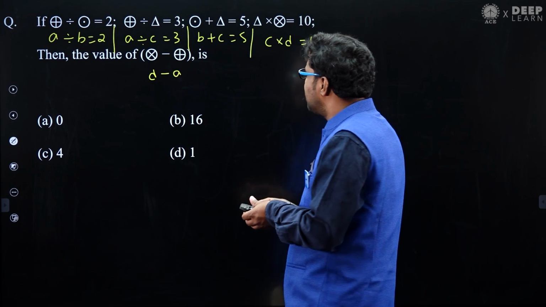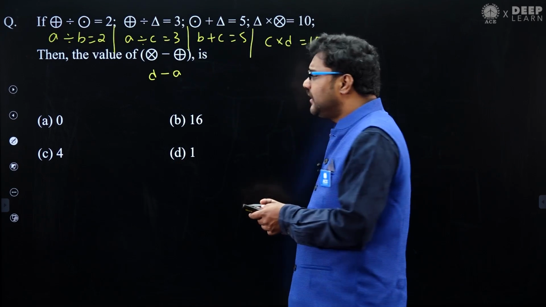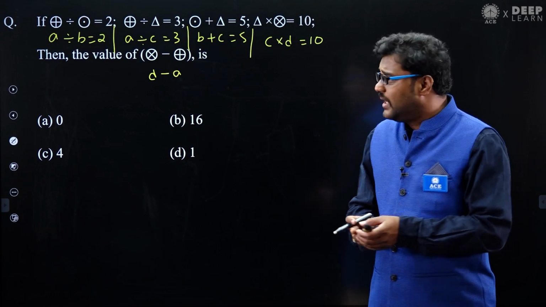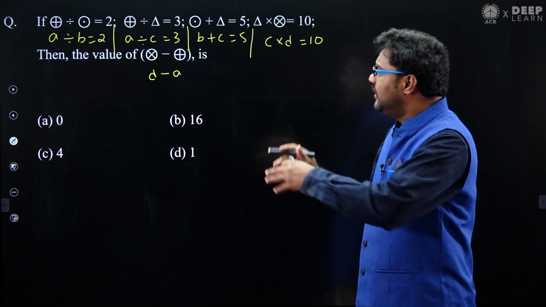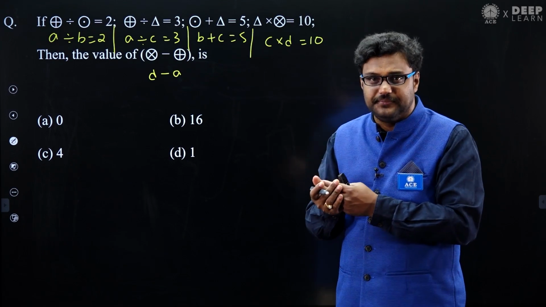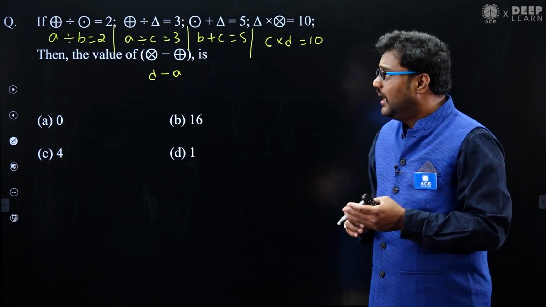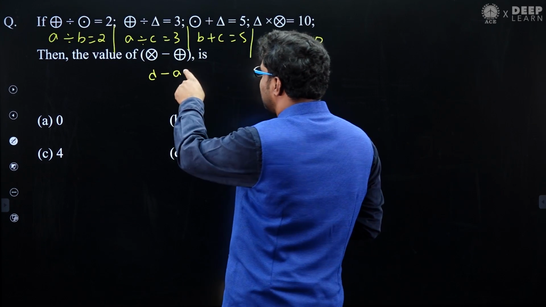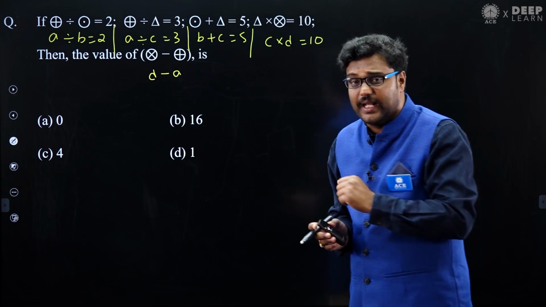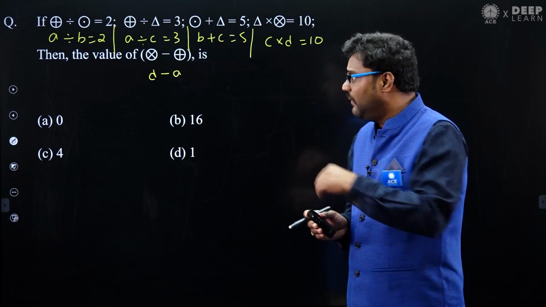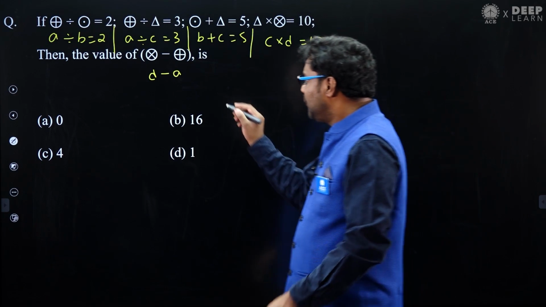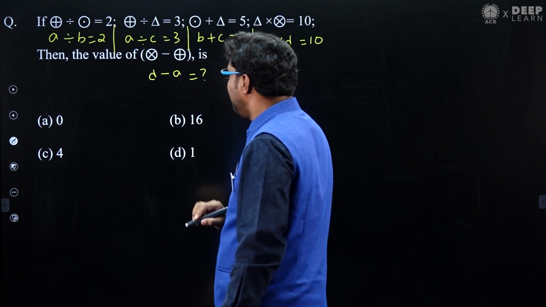You can solve this question by trial and error, or by solving the equations. I will give 2 approaches, one with trial and error, one directly with the equations. You have to find D minus A.